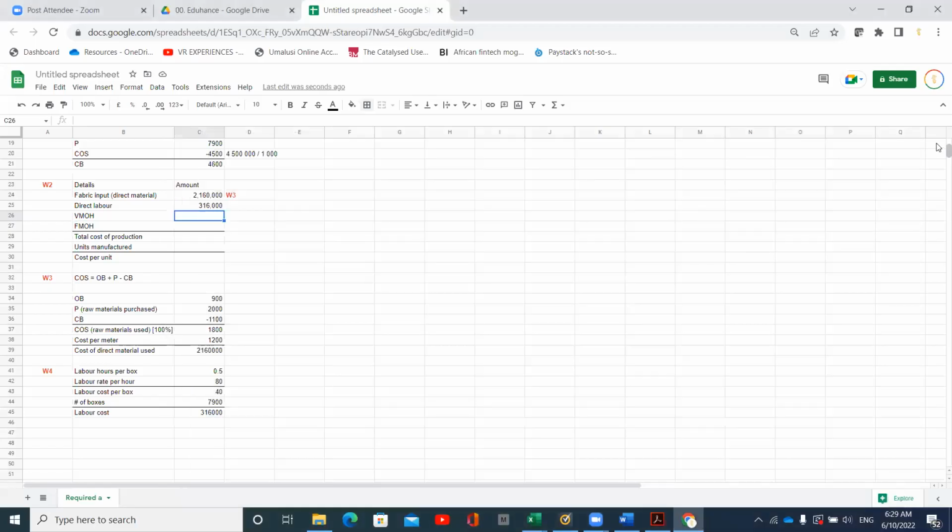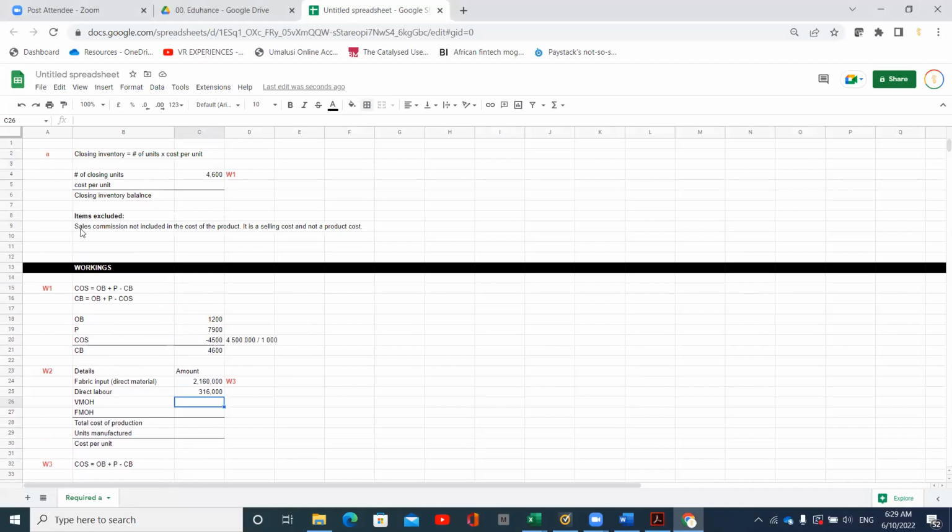Okay, so we go over here and we will say delivery cost to clients not included. Same reason. It is a selling cost and not a product cost. So that's why it's excluded.